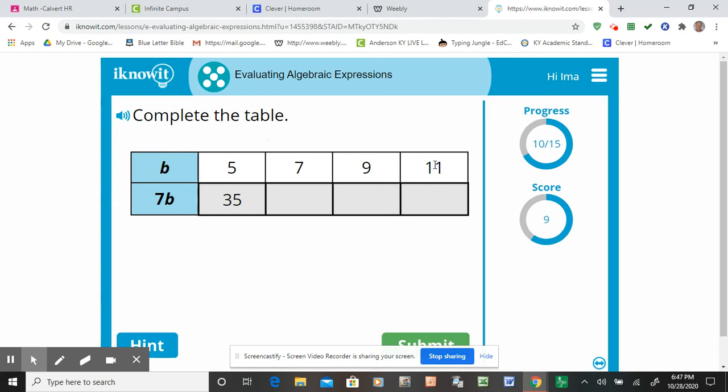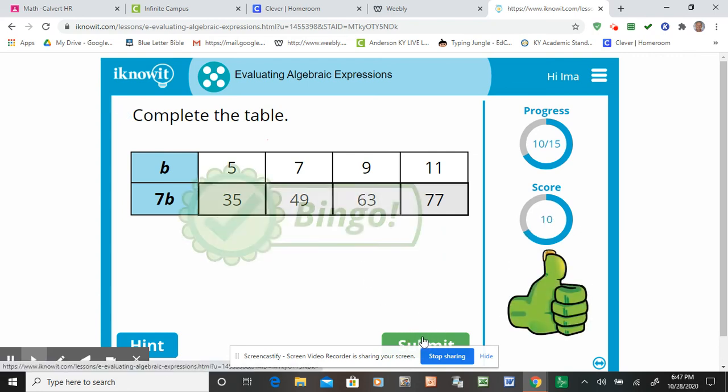If b is 11, then what is 7b, or 7 times 11? 77. 7b, if b is 7, is 7 times 7. And 7b, when b is 9, is 7 times 9. Does that make sense? Okay.